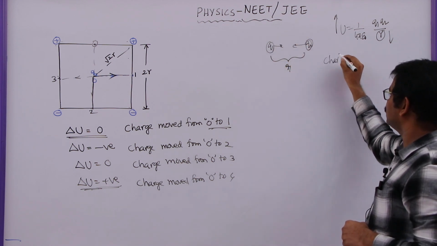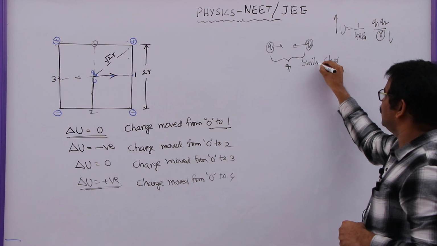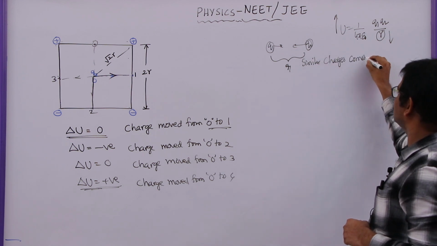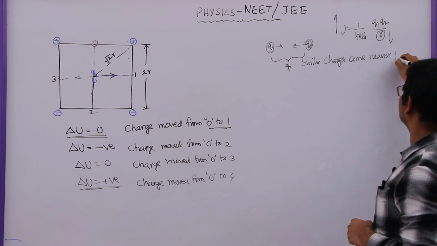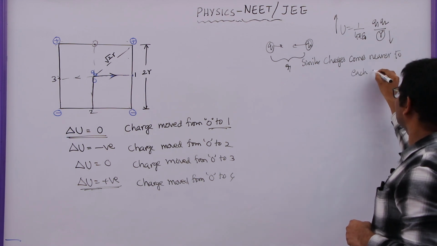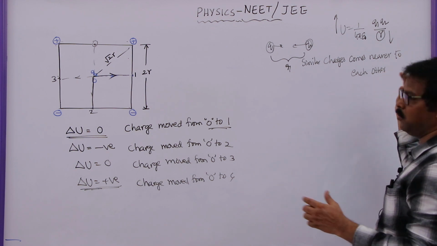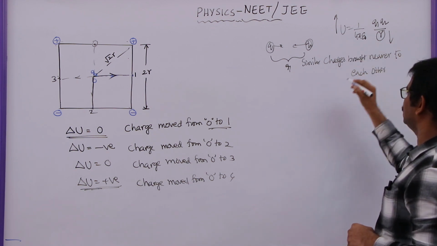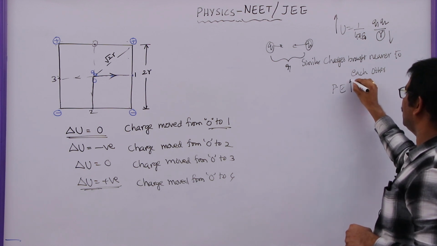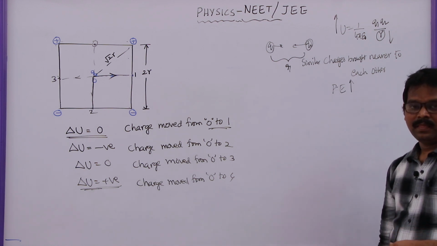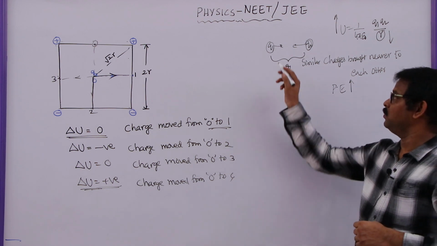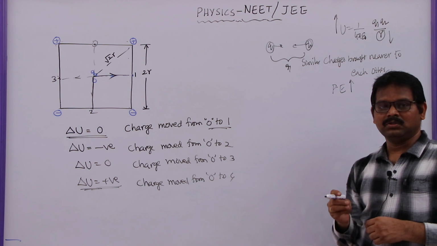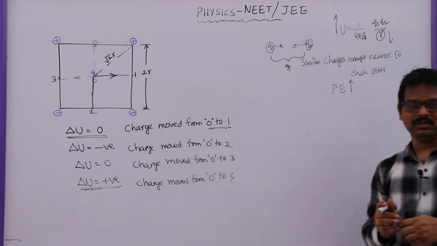When similar charges are brought nearer to each other, potential energy always increases. But for dissimilar charges, one positive, one negative, if they are brought nearer to each other, potential energy always decreases.